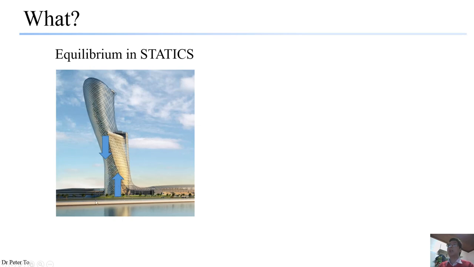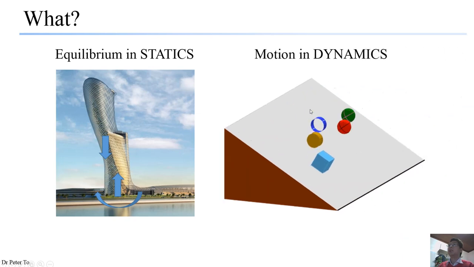And if there is any rotation intent, we need a moment resistance to prevent overturning. In dynamics, we study the motions of objects and we understand why some objects with the same mass and the same friction can roll or slide faster than other objects down a slope.